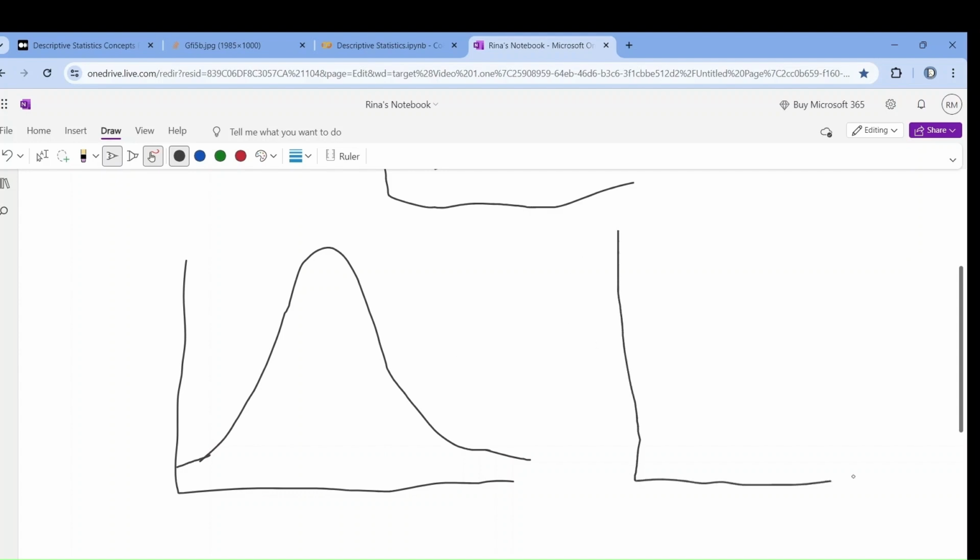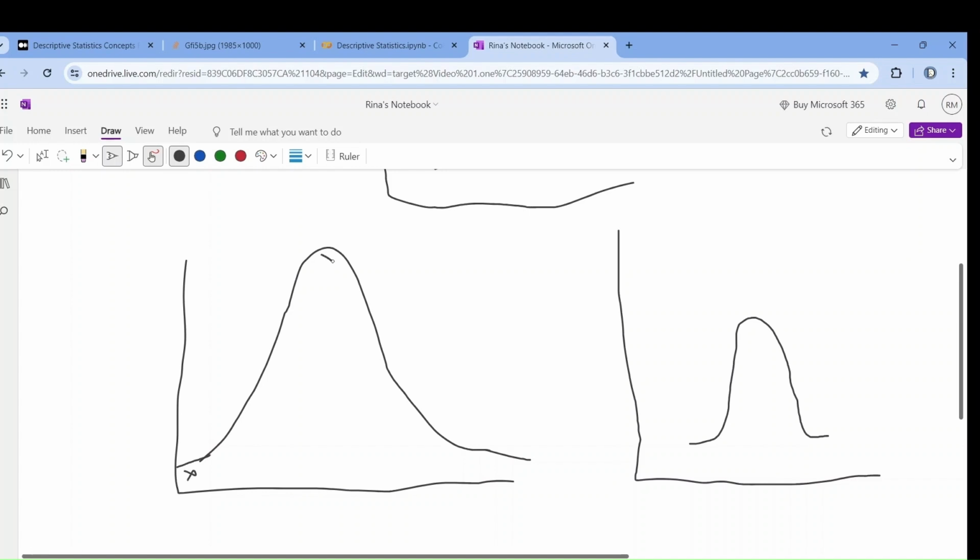But if the tails are short and it doesn't have a high peak, then it may be called low kurtosis. Now high kurtosis means you can have a data point here, you can have a data point here, you can have a data point here also. So there is so much variability in the data set.